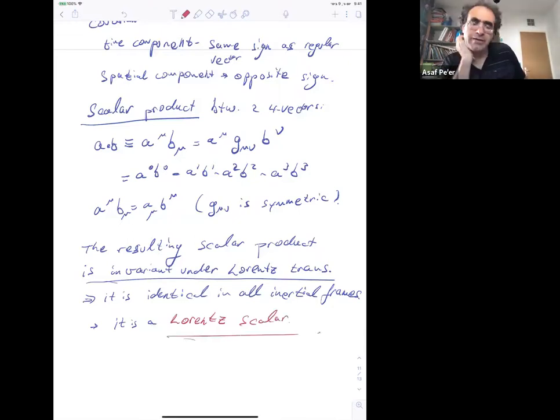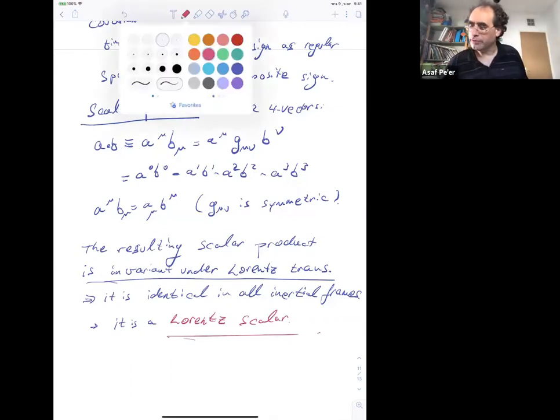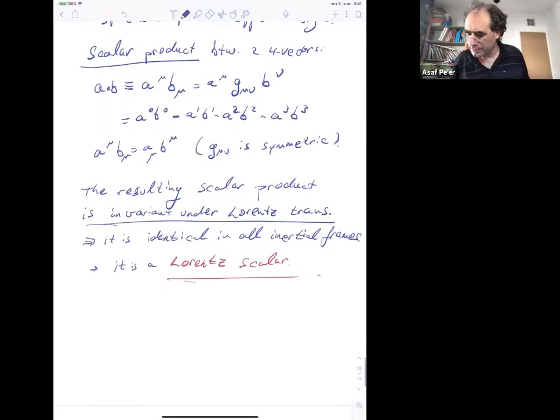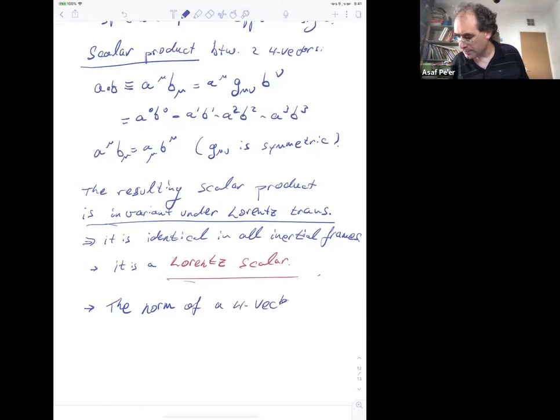Now, one specific example is the norm of a vector. If we take A and B to be the same vector, then the norm of a four-vector, simply A dot A, is a Lorentz scalar.